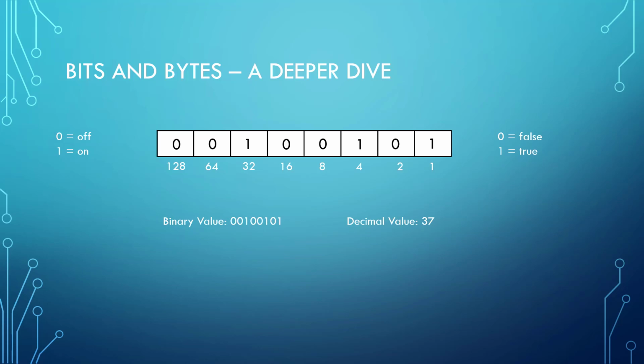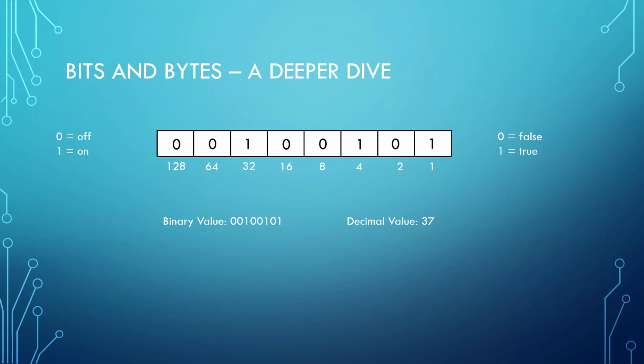And this has a total decimal value of 37. So the 32 bit is turned on, the 4 bit is turned on, and the 1 bit is turned on. That means 32 plus 4 plus 1, right? That's 37. So this byte has a total value of 37.